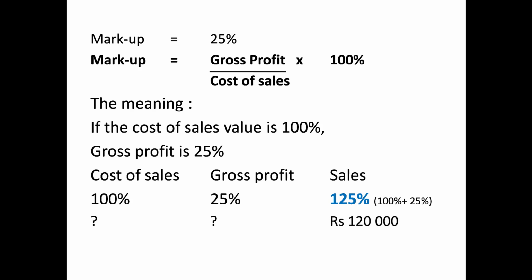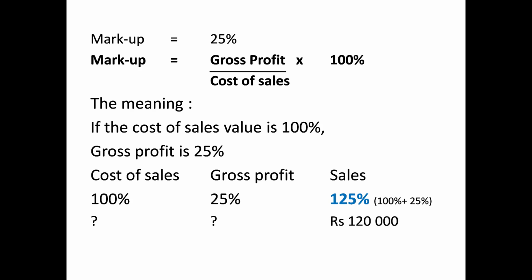Now look at the final calculation. I have given you 3 columns: cost of sales, gross profit and sales. Now you know that sales equals cost of sales plus the gross profit. You add the profit to the cost and then you decide the selling price.